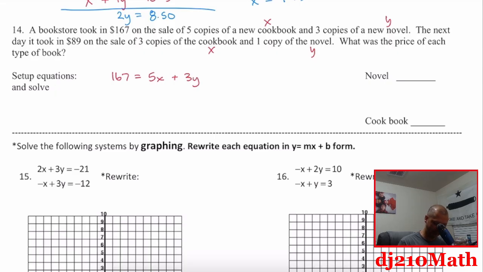And then the next day, $89, 3x, 3 copies of the cookbook, and then 1 copy of the novel. Okay, so here, any method really. I mean, if we did elimination method, we'd have to multiply by -3, right? Because I want the y's to cancel.